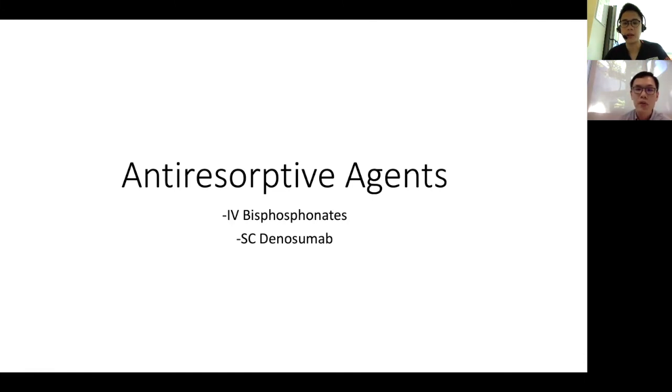For the IV bisphosphonates, initially you think of zoledronic acid, but besides that we also have IV pamidronate. Pamidronate is of course not as potent as zoledronic acid, and will have a shorter duration of effect. But the better thing about pamidronate is that if the renal function is borderline, we may be able to get away with a low dose adjustment or running it over a longer period.